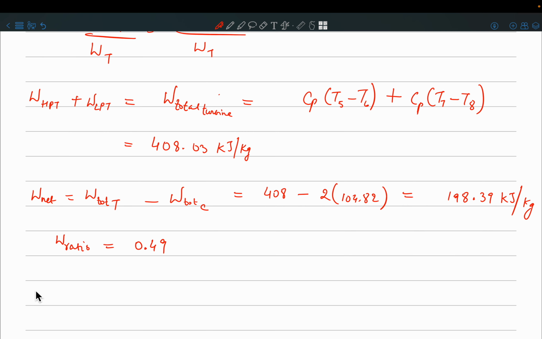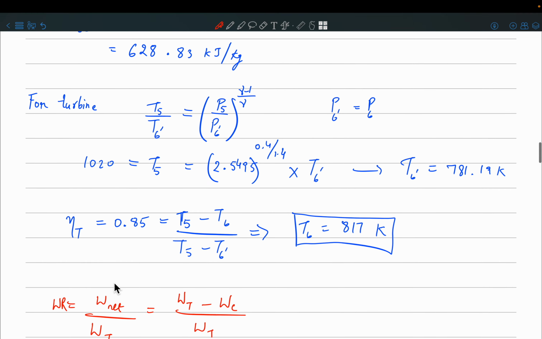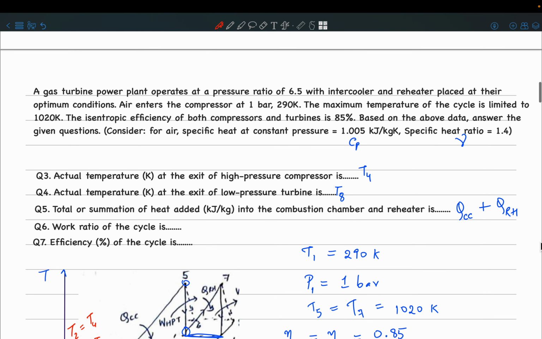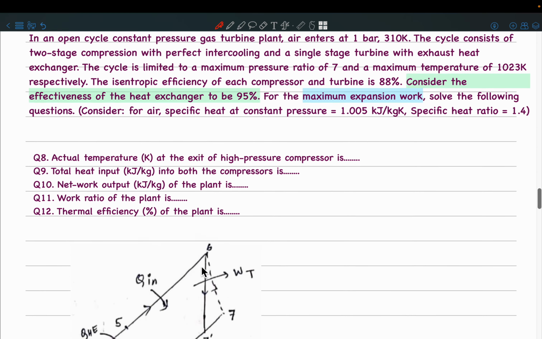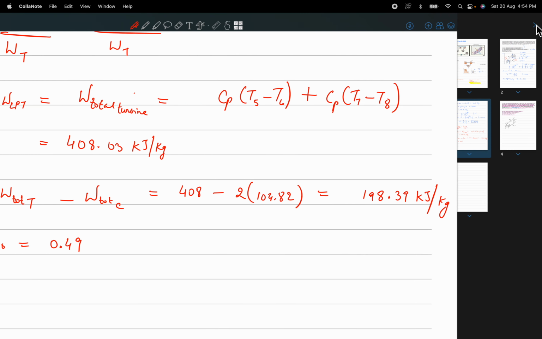And the next task was to find the heat. We had to also find the heat that is added in the combustion chamber and the reheater, and the total efficiency of the cycle. Okay, so I'll just add a page here.